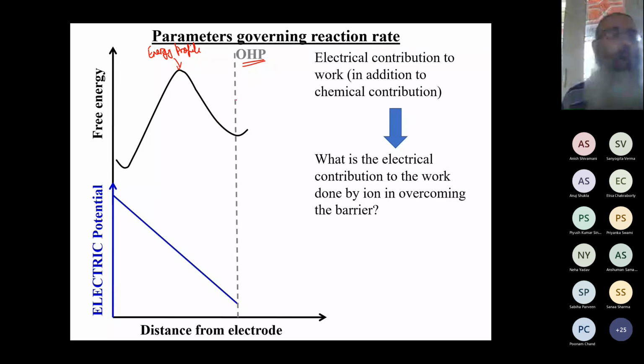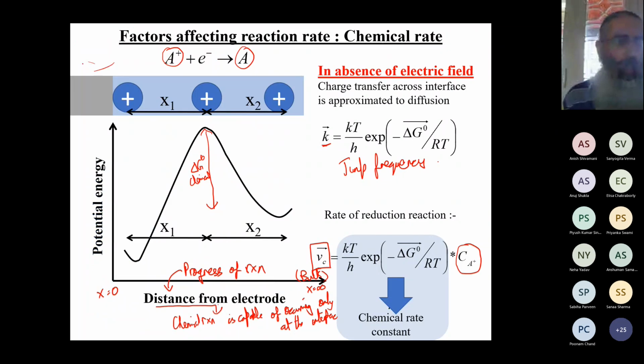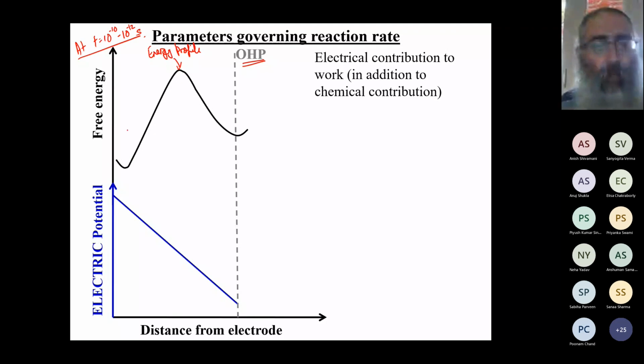Now on top of this, at the same instant of time, we are adding step 2. So at t equal to 10 power minus 10 to 10 power minus 12 seconds, at this time interval, the previous picture was at t equal to 10 power minus 14 seconds, so no electric field. Now we are slowly moving out from that and asking what happens if I superimpose the electric field on top of the energy profile.